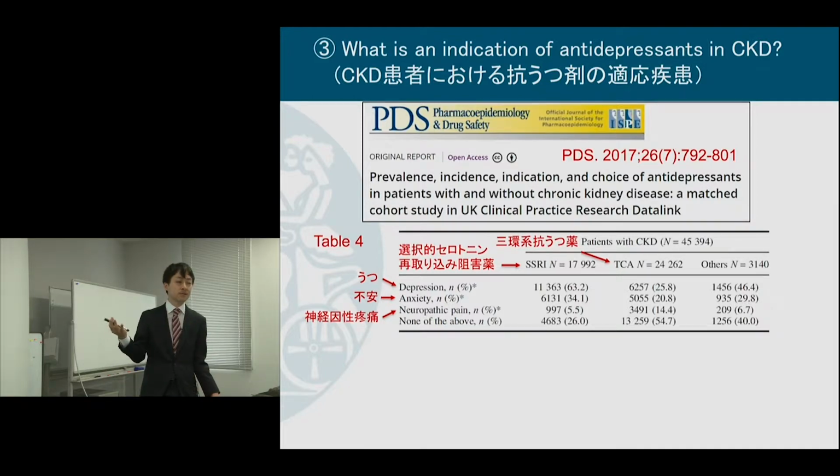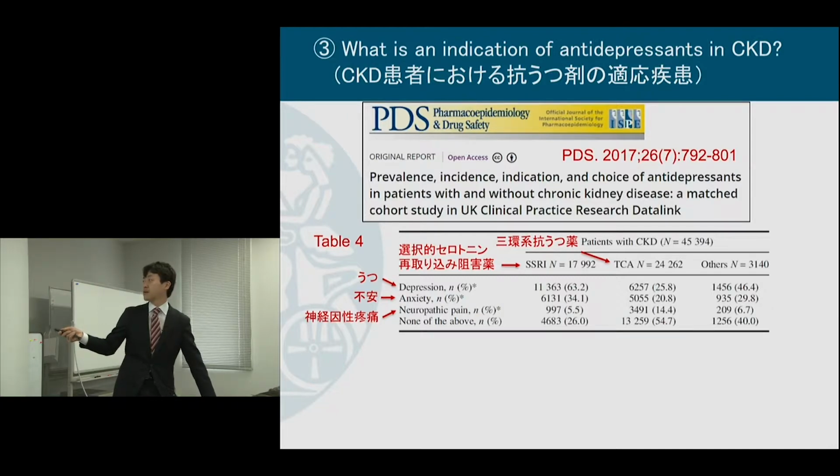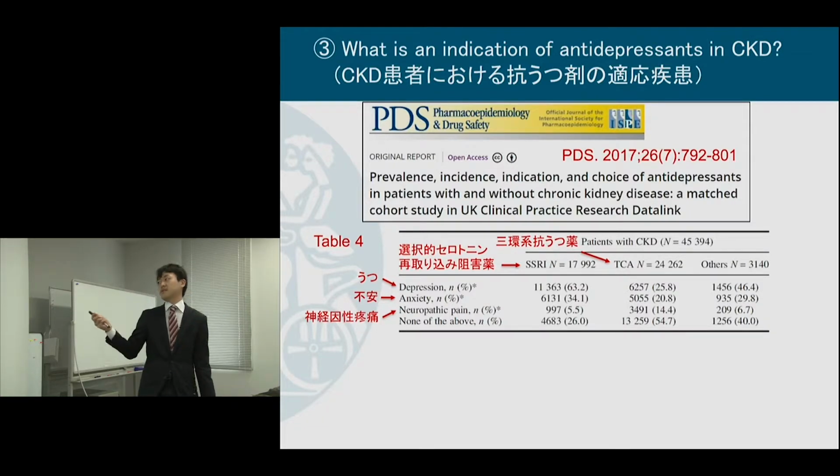Off-label means 適応外処方 in Japanese. Tricyclic antidepressants were not prescribed for depression and anxiety very often, but for pain and probably sleeping problems or just sickness or some symptoms.